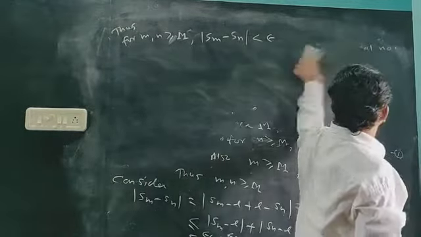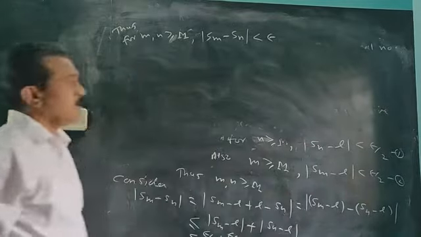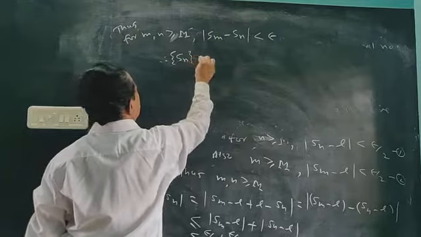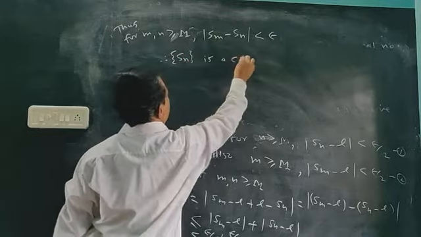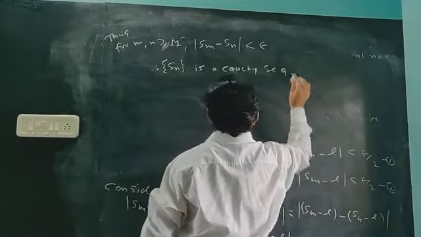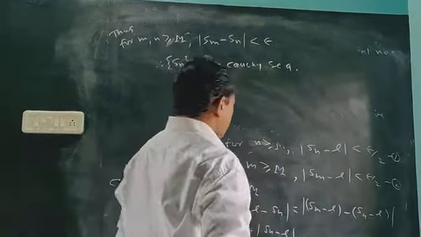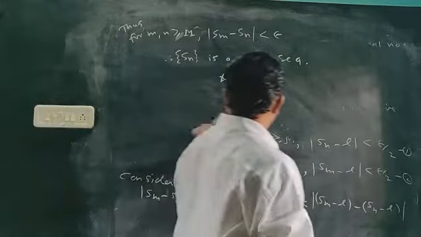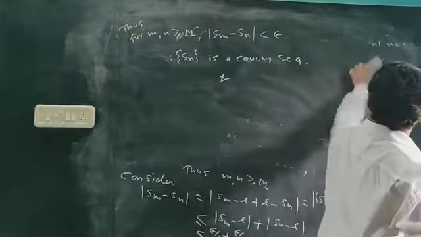That is the definition of a Cauchy sequence. Therefore, this sequence Sn is a Cauchy sequence. So every convergent sequence is a Cauchy sequence, for real numbers especially.